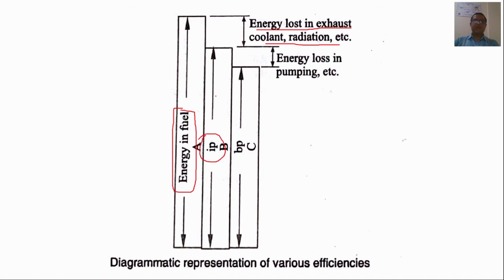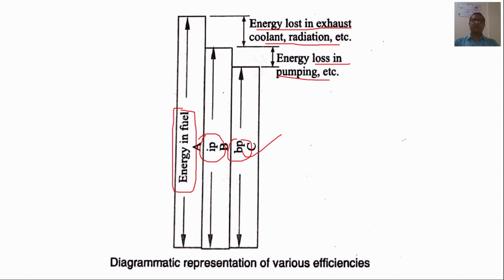Now this indicated power drives the piston and is transmitted to the crankshaft through the connecting rod. During this transmission, some portion of the indicated power is lost in pumping and friction. And finally, the output we get at the output shaft of the engine is the brake power.